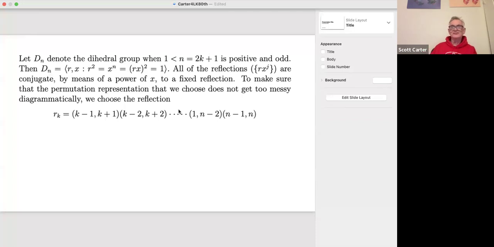Suppose you look at the dihedral group where n is an odd integer, and then this is the presentation. Then all the reflections are conjugate by means of x to a fixed reflection. And in general, I'd like to choose the reflection to be the one that doesn't make diagrams too messy. And it turns out that this is the reflection I want.